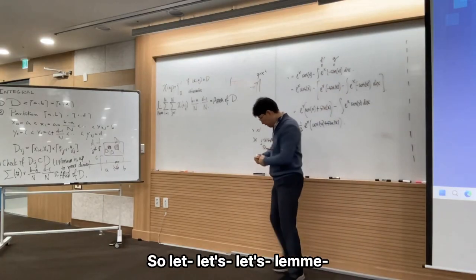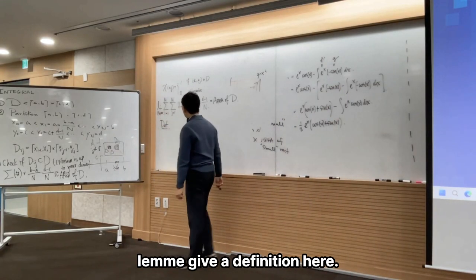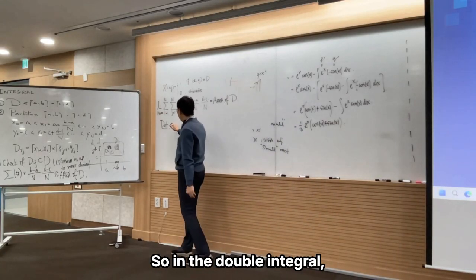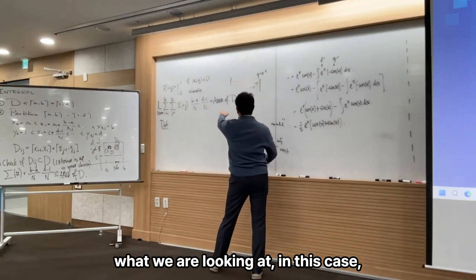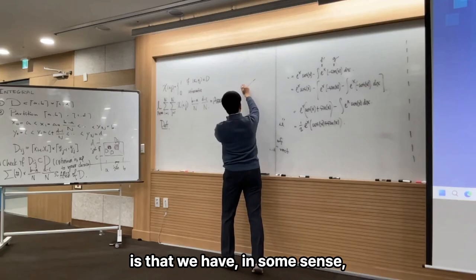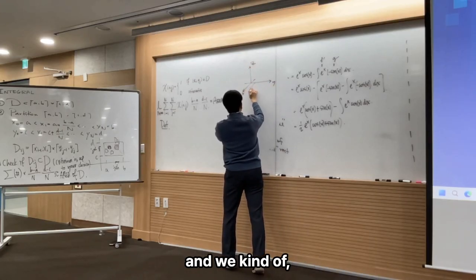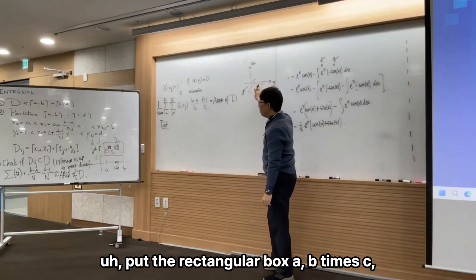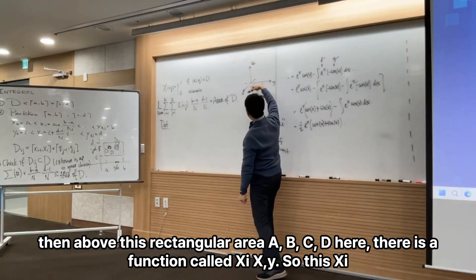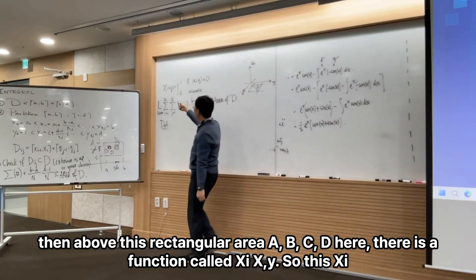So let me give a definition here. This is now the concept of the double integral. In the double integral, what we are looking at in this case is that we have the x-axis, y-axis and z-axis here, and we put the rectangular box AB times CD here, and then here is our domain D. And above this rectangular area ABCD here, there is a function called psi of xy.